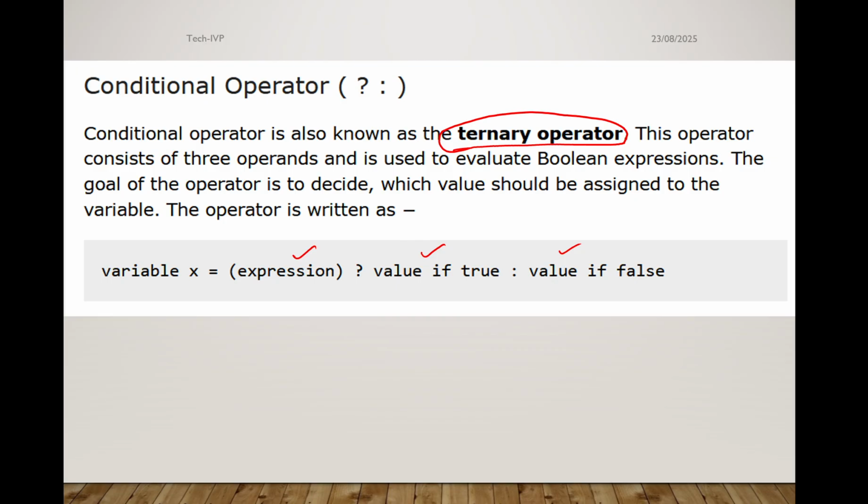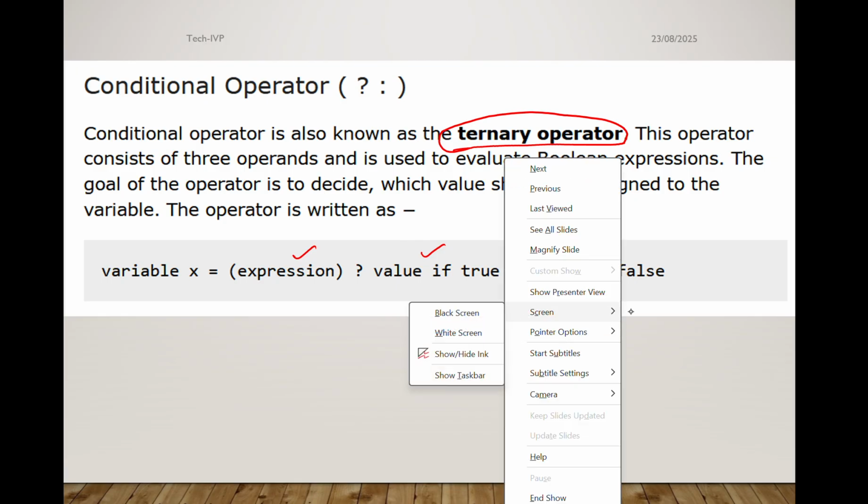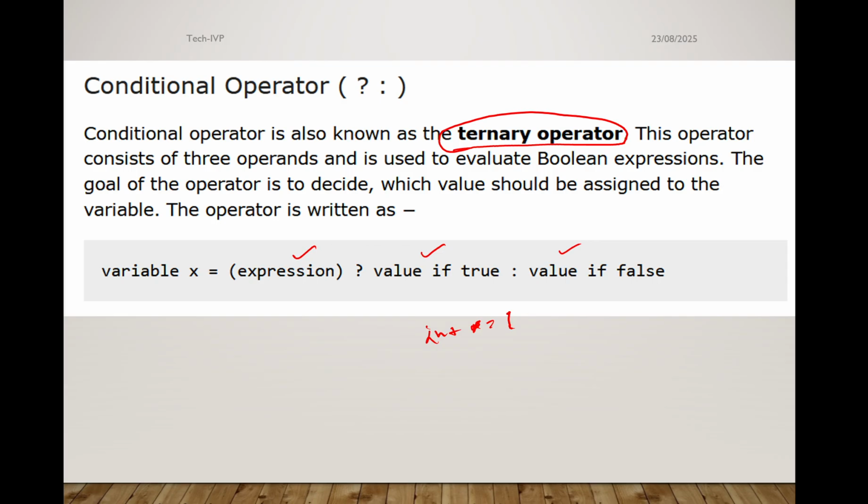Practically we can do this. Suppose we have a and b. Then we can define a variable, int x equals a greater than b, question mark a colon b. And what will be the outcome?